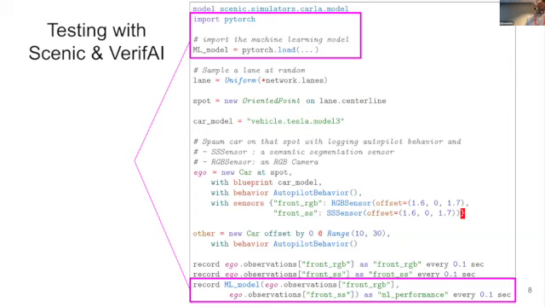You can import, for example, PyTorch, and then load your ML model at the top in the pink box. And below in the pink box, you can call your ML model and feed in the sensor information that you're collecting, for example the front RGB camera, along with its label, which in this case is semantic segmentation, and then save it at the polling rate that you may want, right?